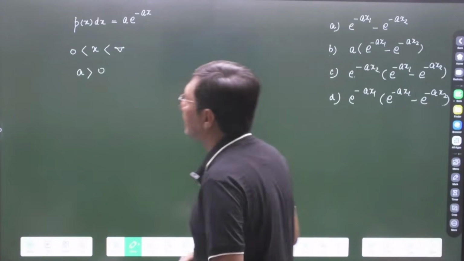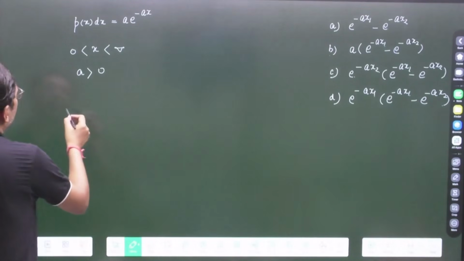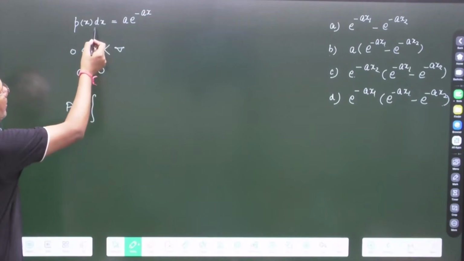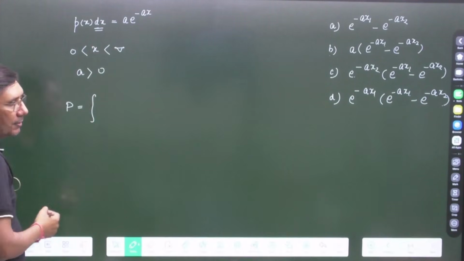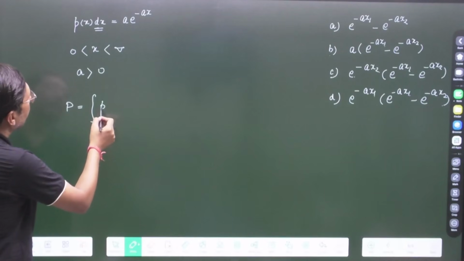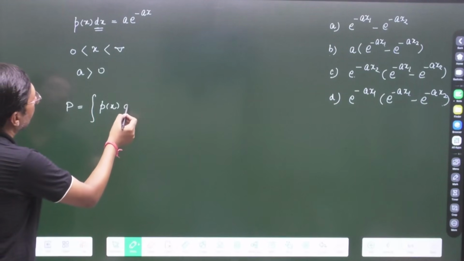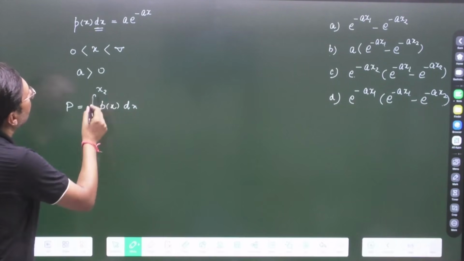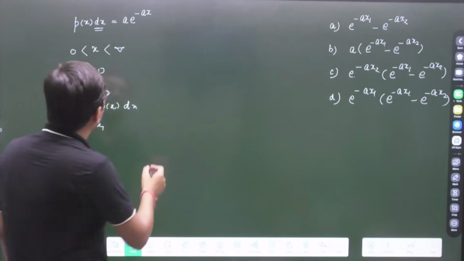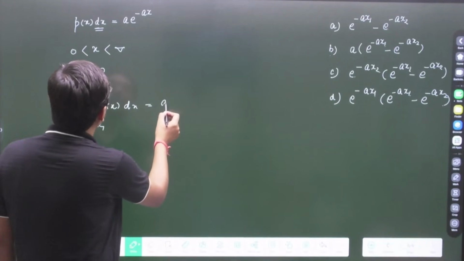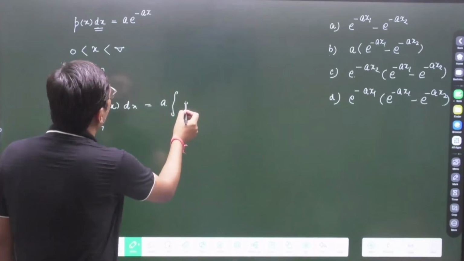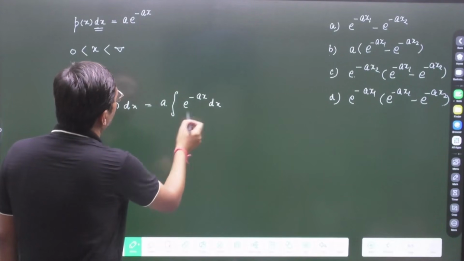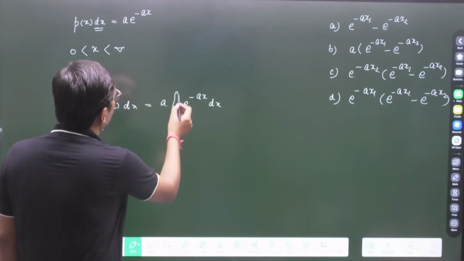So what will be the probability? Probability P will be, this is the probability to find x in this range. So this will be the integral of p(x) dx from x1 to x2. Substitute this. So a will be here, it will be e to the power minus ax dx, from x1 to x2.